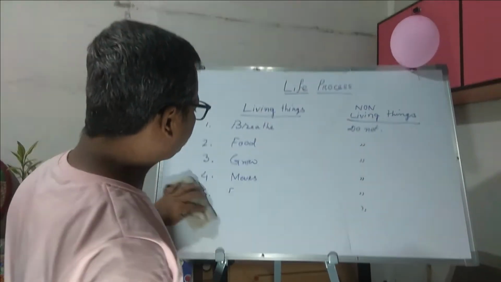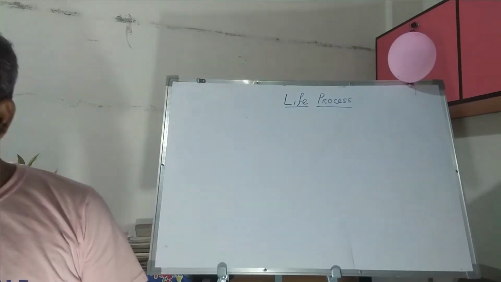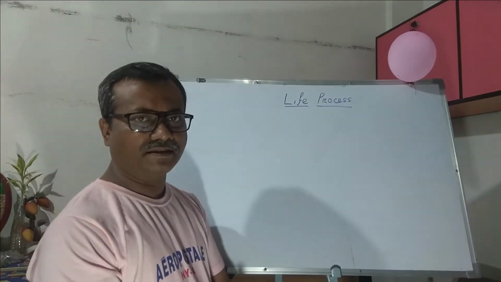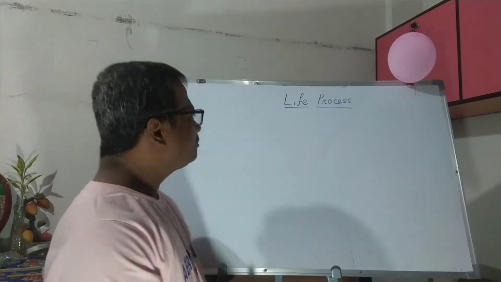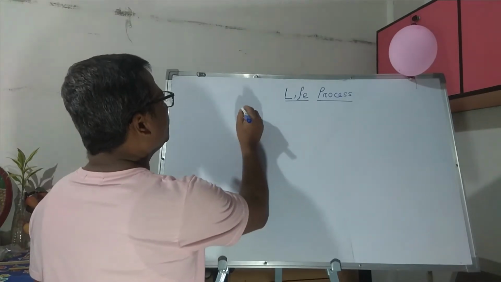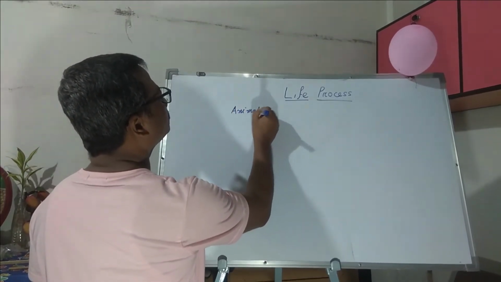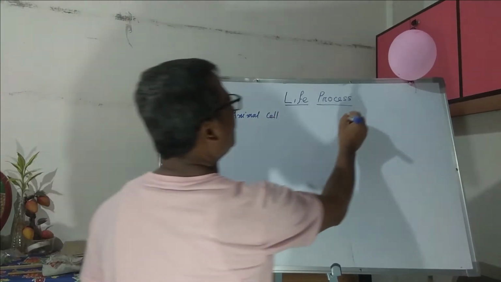Now, all living things are made up of cells. So, animal cell and plant cell.